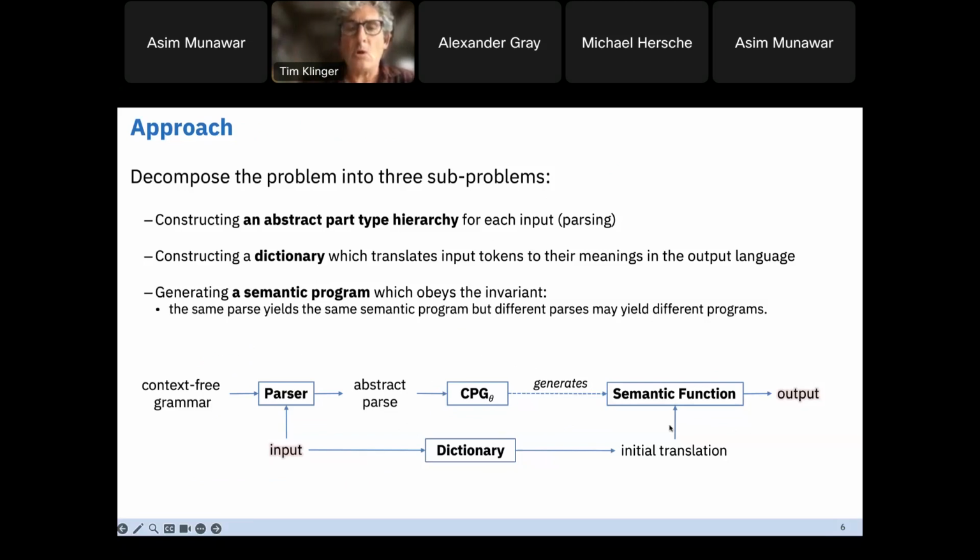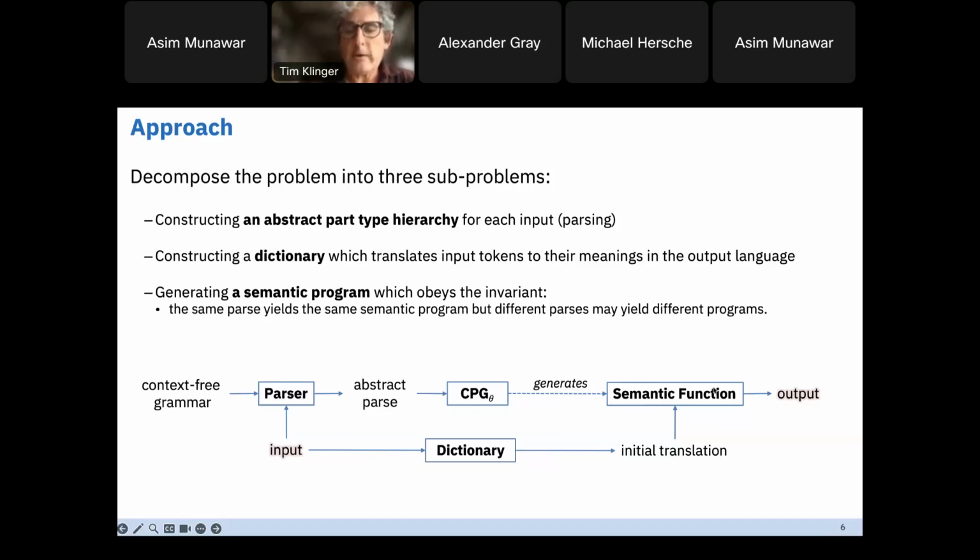So the whole structure of this is: look at the input, figure out what its part types are, and generate a sort of custom bespoke semantic function that, when you provide it with the translation of the input, gives you the output. This dictionary provides the translation of each word in the input to its corresponding phrase in the output. When you take the semantic function and apply it to the translation of the words, for example, like little walk goes to capital walk, then you get your output.